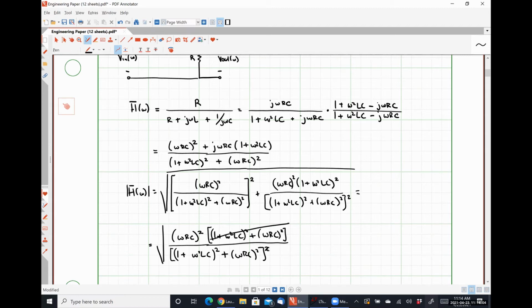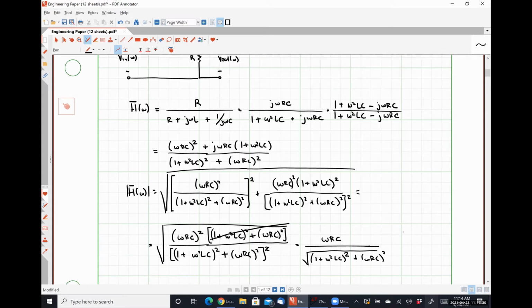This guy cancels this, and we are left with omega RC divided by the square root of 1 plus omega squared LC squared plus omega RC squared.